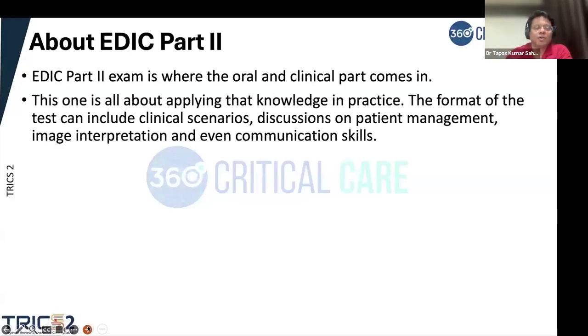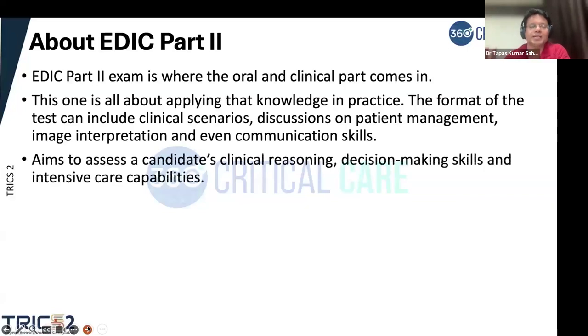This is all about applying your knowledge in practice. The format of the test includes clinical scenarios, discussions on patient management, image interpretation, graphs, curves, data interpretation, communication skills, breaking bad news, everything you do at the bedside. The whole idea is to assess the candidate's clinical reasoning, decision-making skills, and intensive care capabilities.